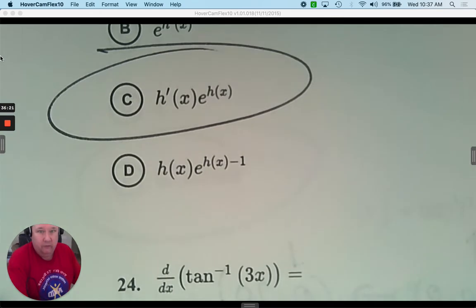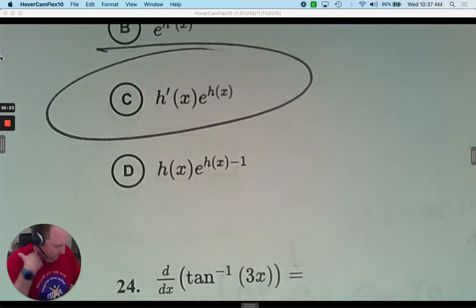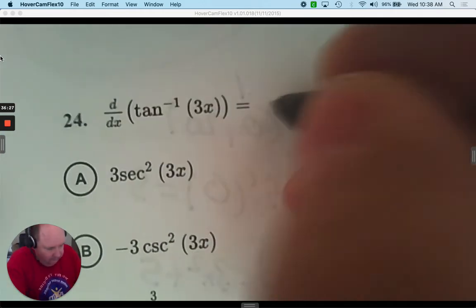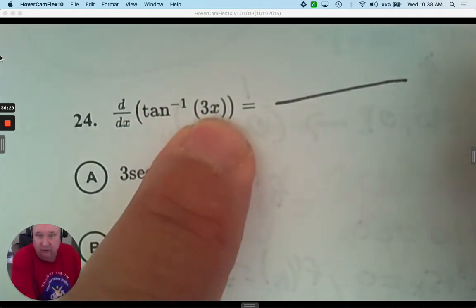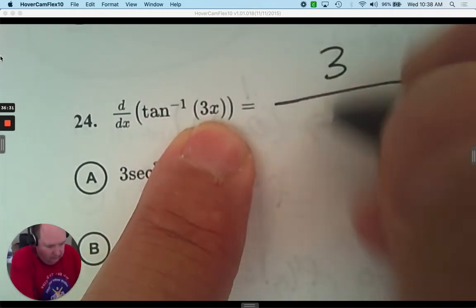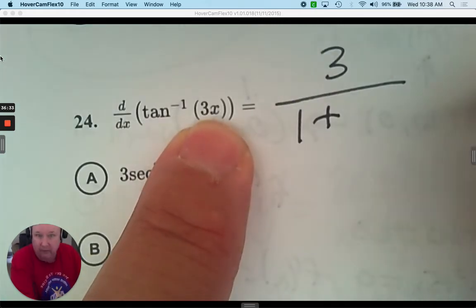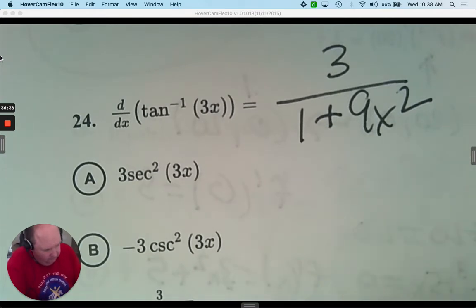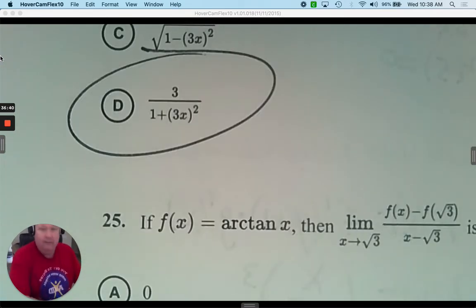And there it is. You could multiply in any order. 24. That's arctangent, just so you know. So for arctangent, the derivative of what you see is the numerator. The denominator is 1 plus, and you square it. And that matches with D.